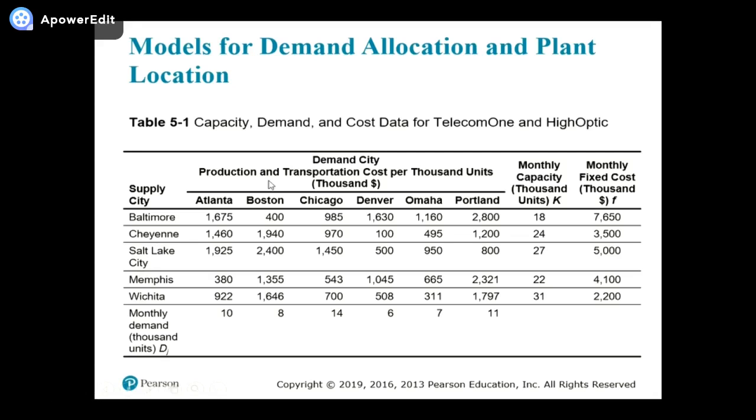So we still have the cost of production and transportation from city to city, and we still have the fixed costs for building different kinds of capacities, and then we also have the demand from different market cities.